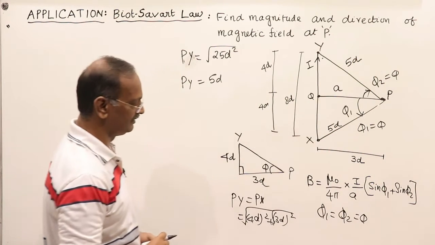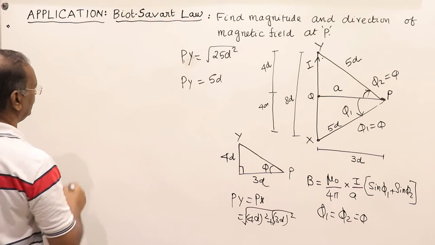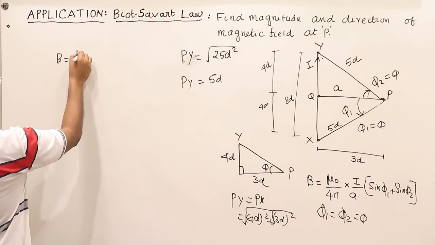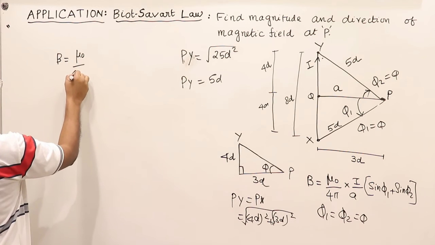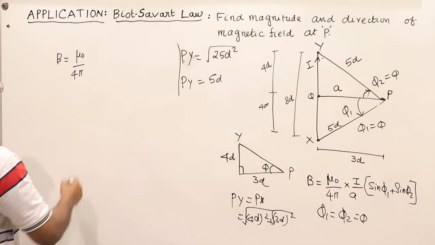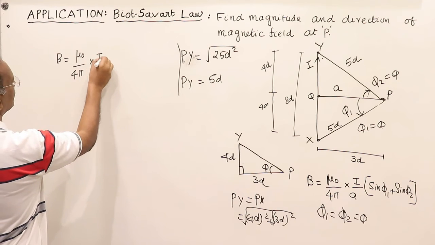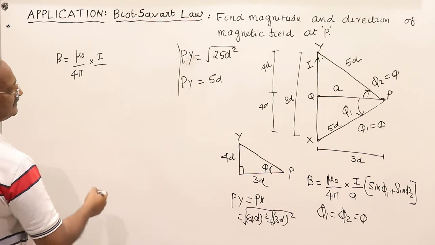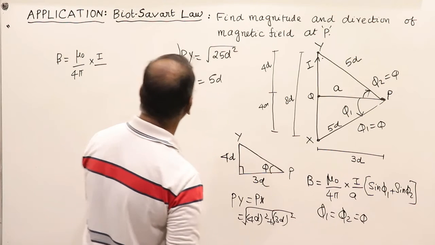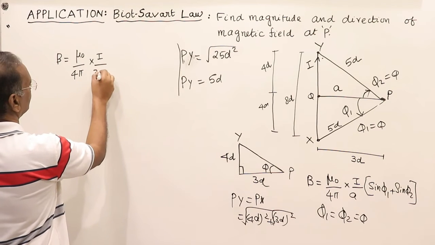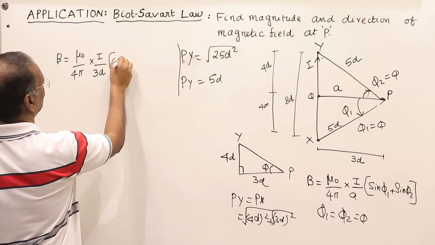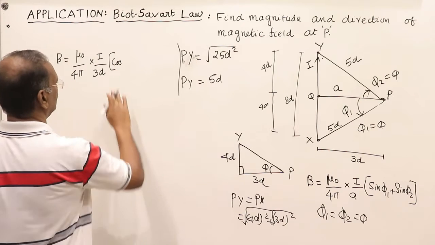We got everything. Only thing now we have to do is put in the values. Therefore B is equal to mu naught I divided by, as it is, there won't be any change here. A is equal to 3d. A is equal to 3d into cos phi 1, sin phi 1.